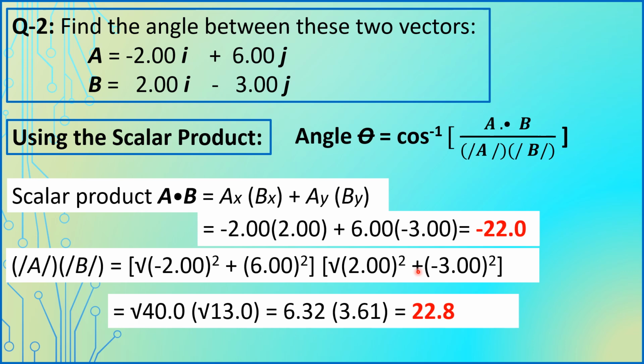Whose square root, of course, is 6.32, that is the square root of 40.0 to be multiplied by the square root of 13.0. And finally, we get this product of the magnitudes of the two vectors A and B, which is 22.8.